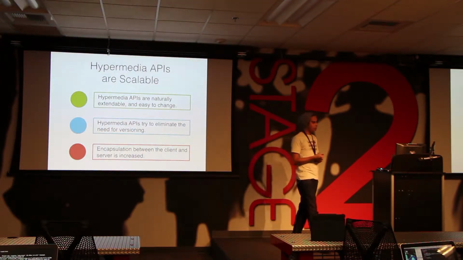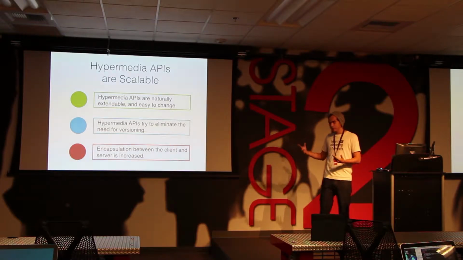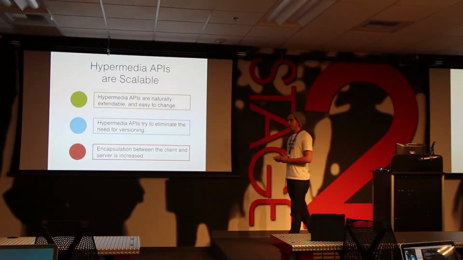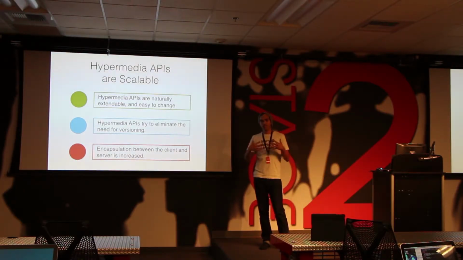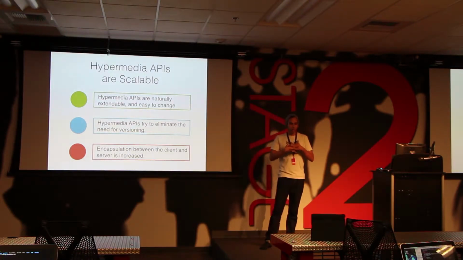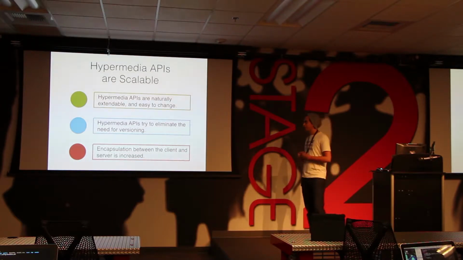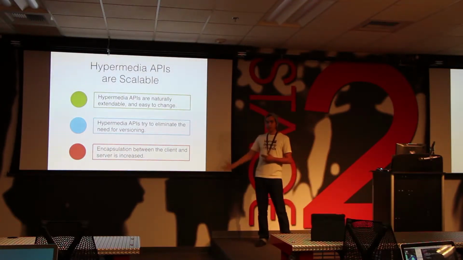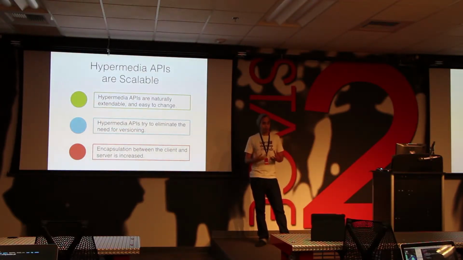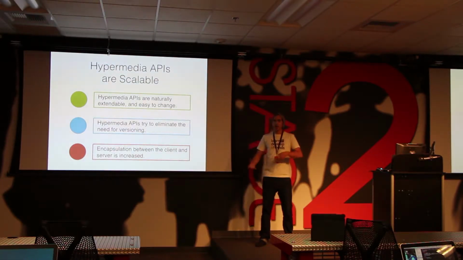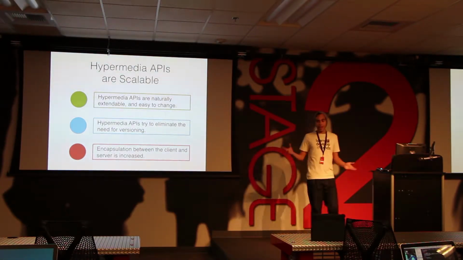So Hypermedia APIs, and I say try here because they're trying, is trying to help bridge the semantic gap of not needing always to version out, but have an understanding of features and what features to pay attention to by programming your client app to understand those, and what features not to pay attention to because they don't need to care.